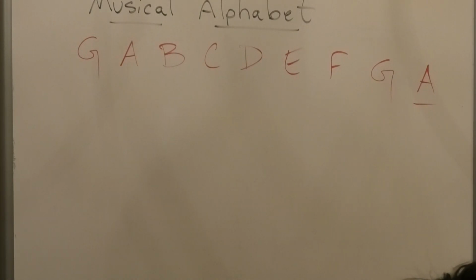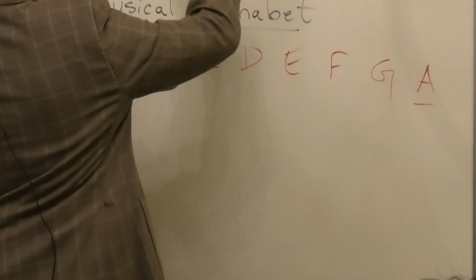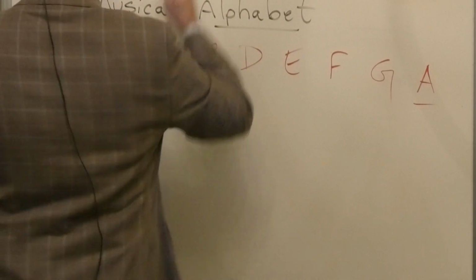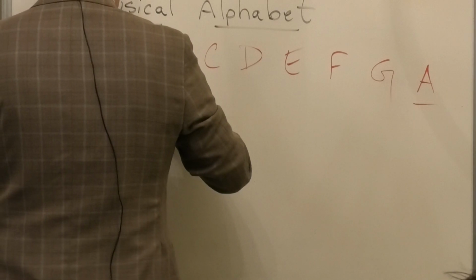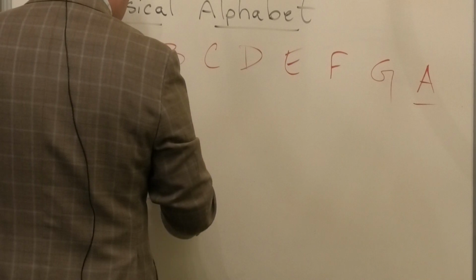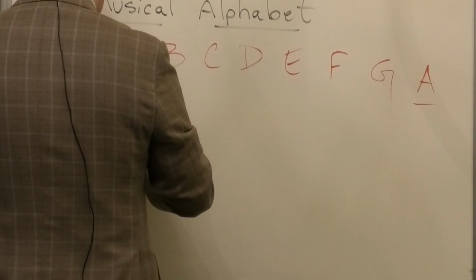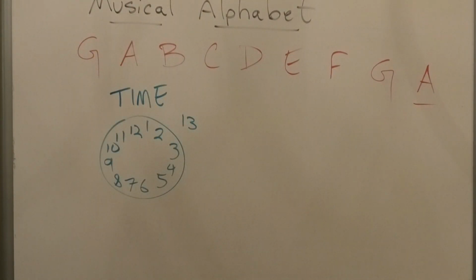So it's like time. If we look at time, we have 1 o'clock, 2 o'clock, 3 o'clock, 4 o'clock, 5 o'clock, 6 o'clock, 7 o'clock, 8 o'clock, 9 o'clock, 10 o'clock, 11 o'clock, 12 o'clock. There's no 13 o'clock. Okay?